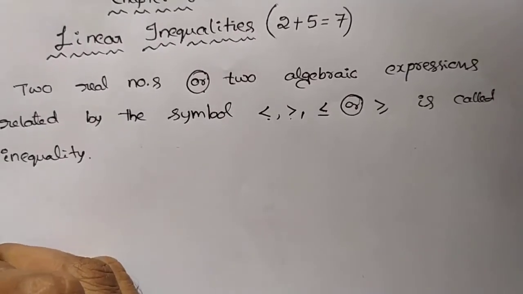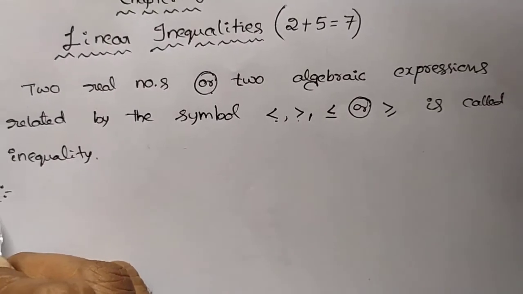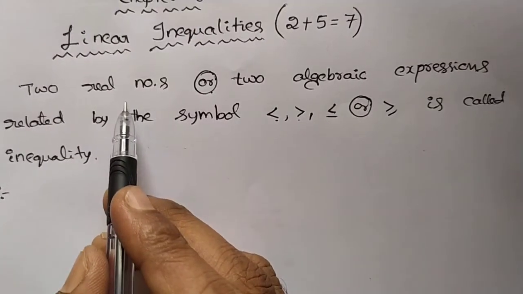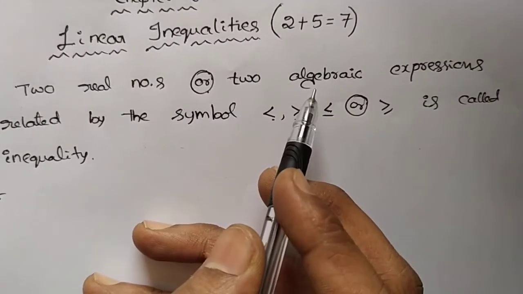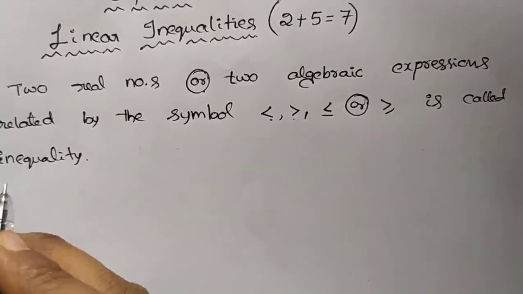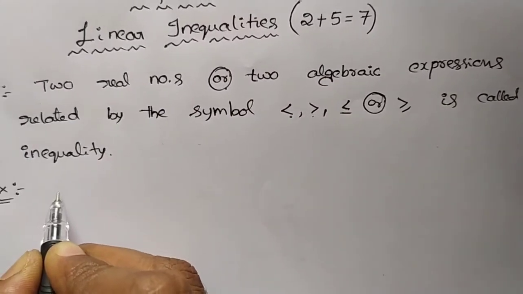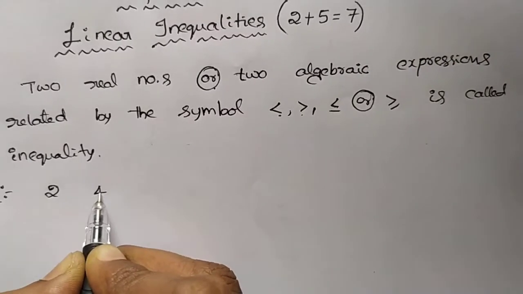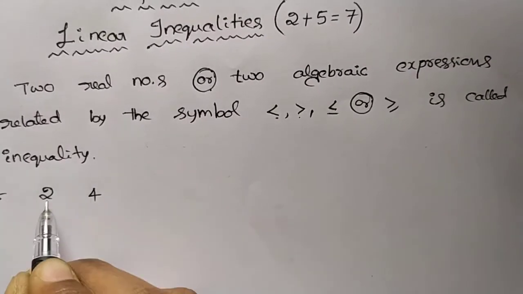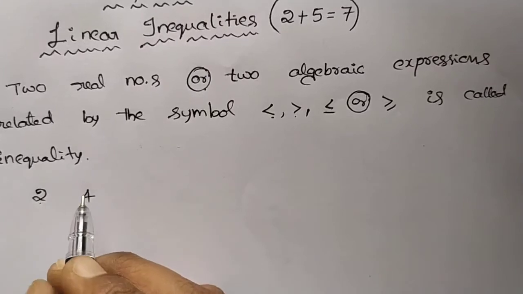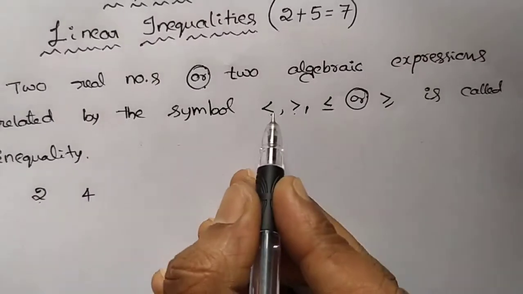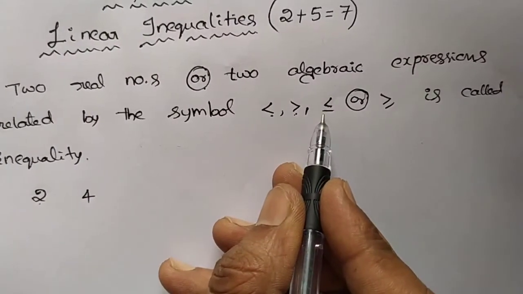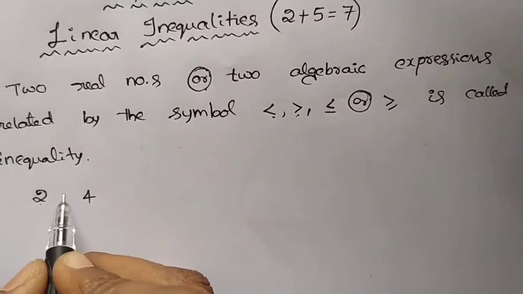For example, two real numbers or any two algebraic expressions. Let us take two real numbers, any two real numbers. I will take 2, 4, related by the symbol less than, greater than, less than or equal, or greater than or equal.